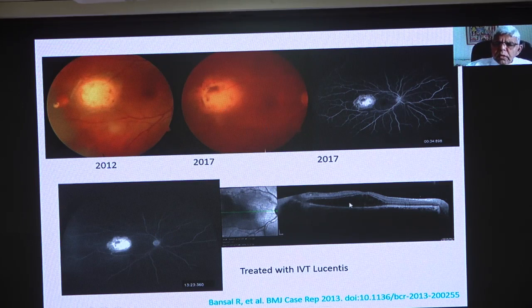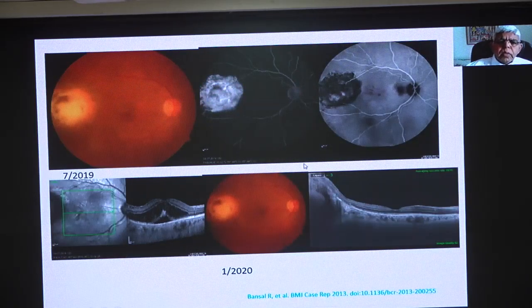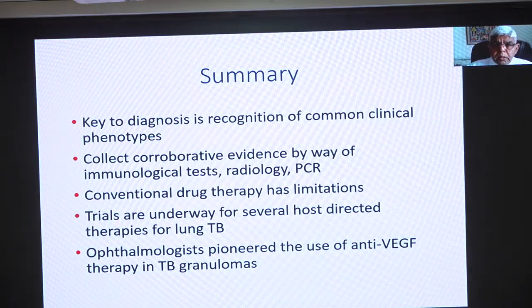And this is how you can see the development. The patient becomes symptomatic because of the fluid which accumulates in the retina. This patient again showed a recurrence in 2019, and by 2020 he has had two to three recurrences, each time managed with a couple of injections. So this is something remarkable which is happening now in the 2020s.